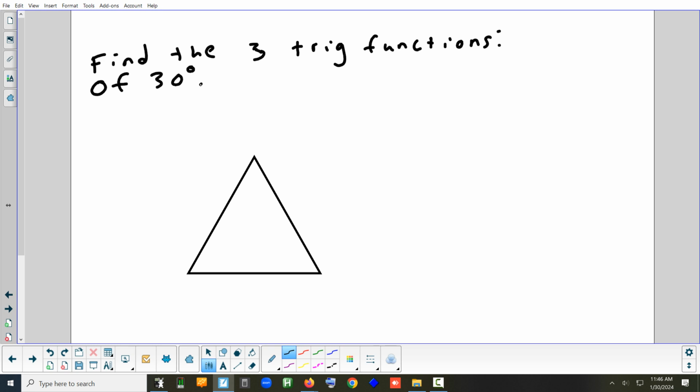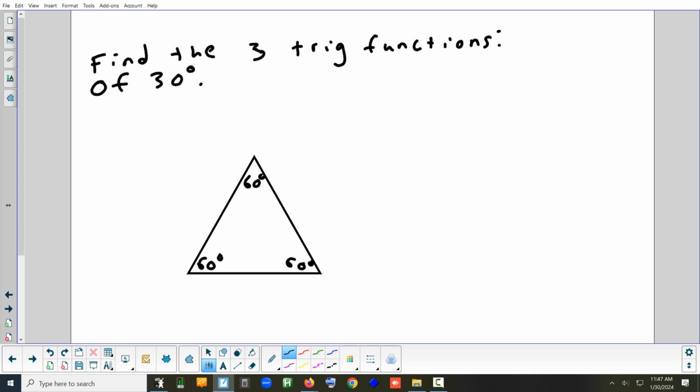That's an equilateral triangle. So in order to find the 6 trig functions of 30, I need a diagram that has a 30 in it. Well, what are all the angles in an equilateral? 60. So we've got a 60. There's no 30 in there.